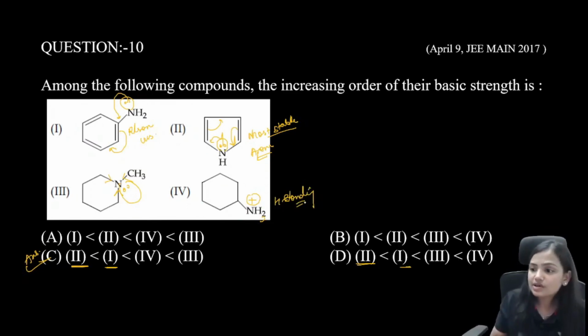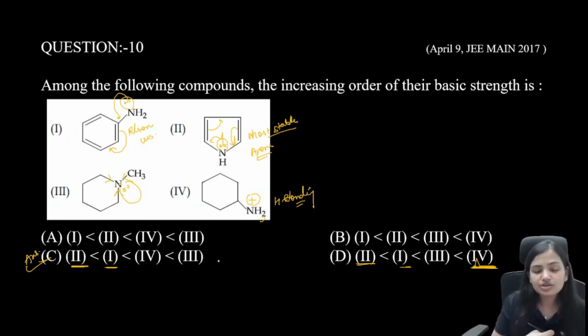Okay, so if it is in the aqueous medium, then definitely the fourth is going to be the more basic, because it will get more stabilized because of the more hydrogen bonding. So it depends upon the medium. Here in this question there was an ambiguity whether option C or option D will be right.